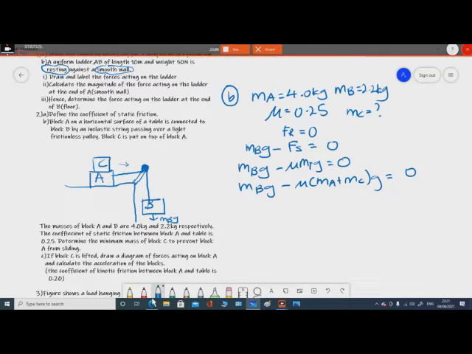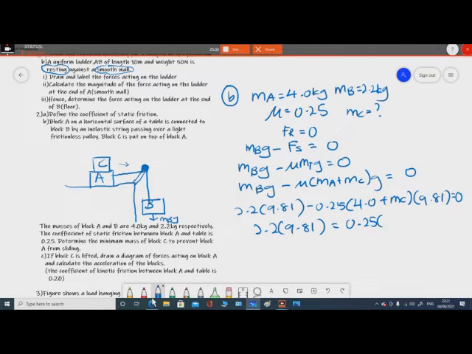So for mBg we have 2.2 times 9.81 minus 0.25 times (4.0 plus mC, which is the one we need to find) times 9.81, equal to 0. So 2.2 times 9.81 is equal to 0.25 times 9.81 times (4.0 plus mC).